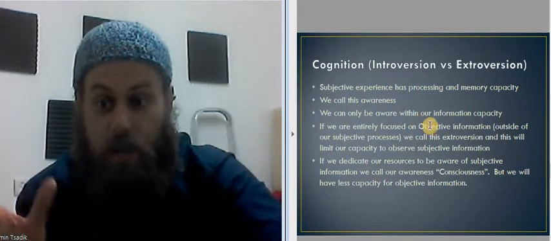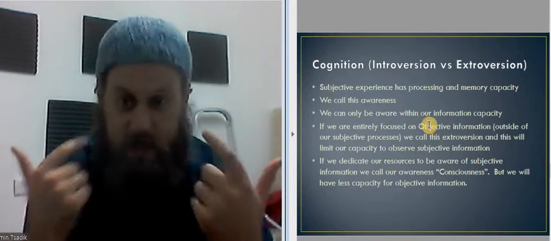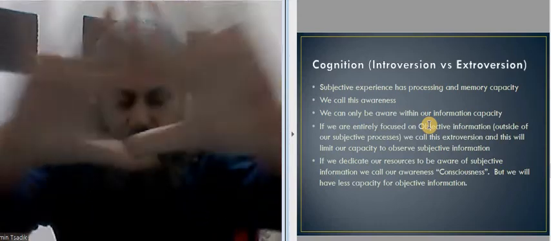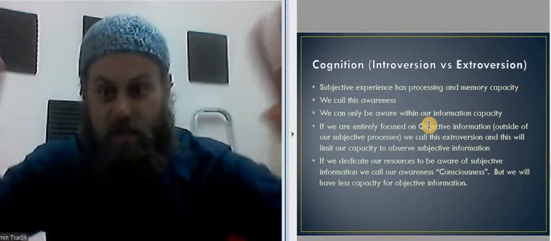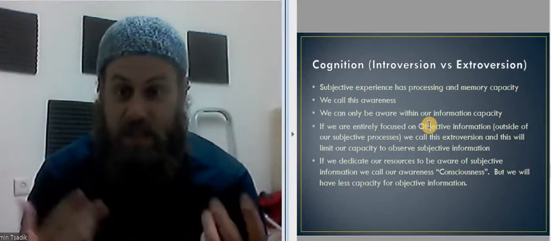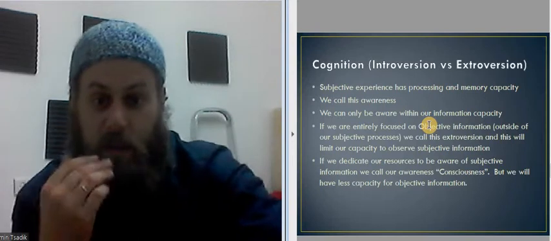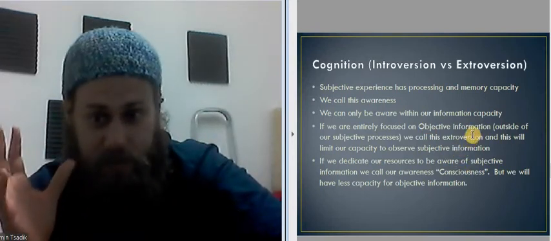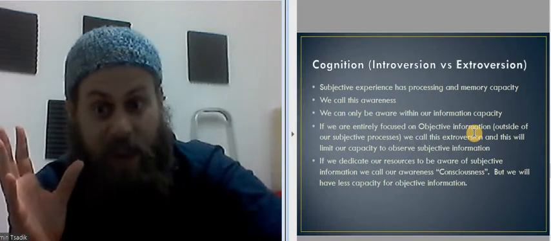And if all of our awareness is directed inwards on our internal processes, right, it'll shut off all of the information coming in from the outside, and we'll be able to focus in on the inside, the subjective experience, and this is introversion. Okay. Because we have this capacity, we have to choose.